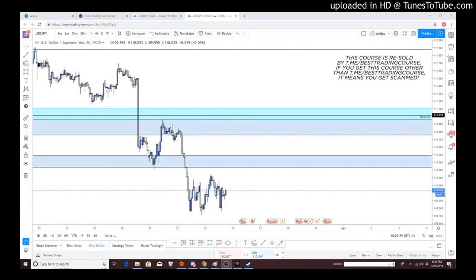Now, last but not least, another version of a change in trend could look something like this, where price comes down, makes a higher low, then a higher high, and then you have your repetition of higher highs and higher lows in a bullish trend. So we have a lower high, we have a higher low, and we have a higher high.